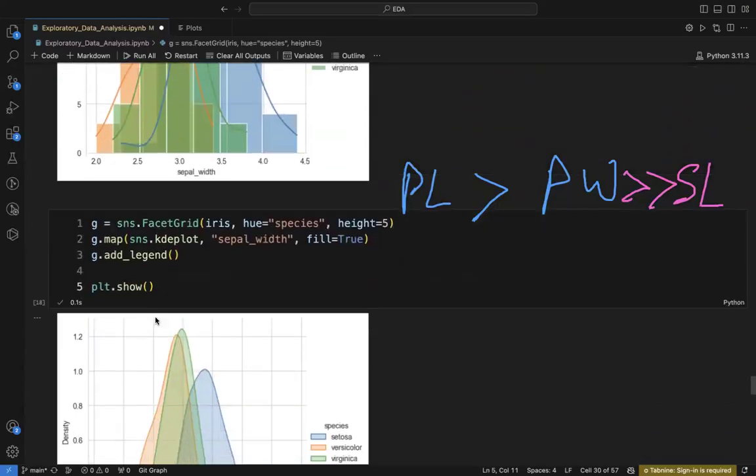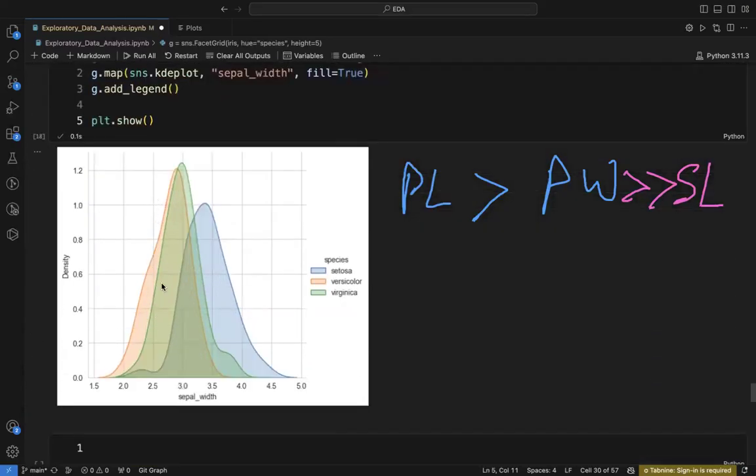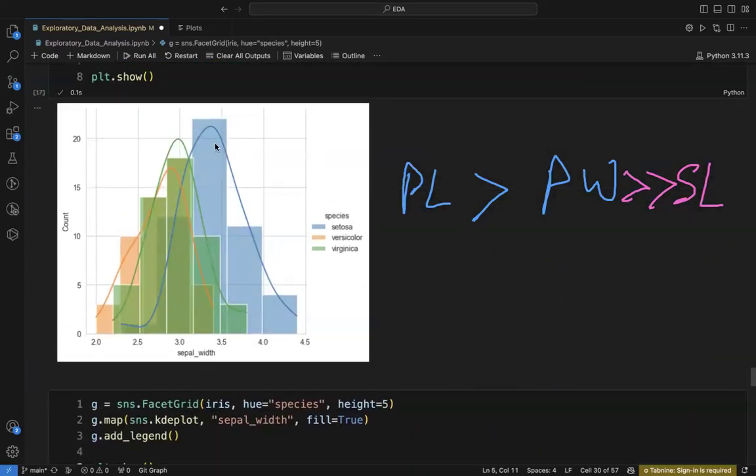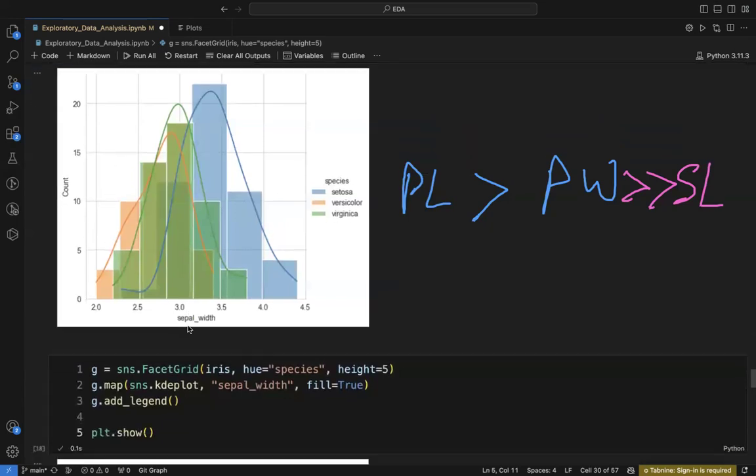They are literally on top of each other, right? So there is a whole region of overlap, which means it's a terrible situation to be in. Even your setosa is not well separated from your virginica and versicolor. Can you see how terrible the situation looks?